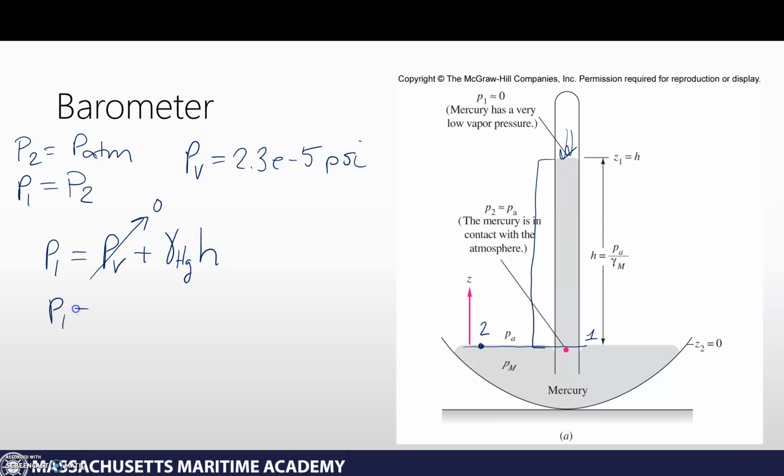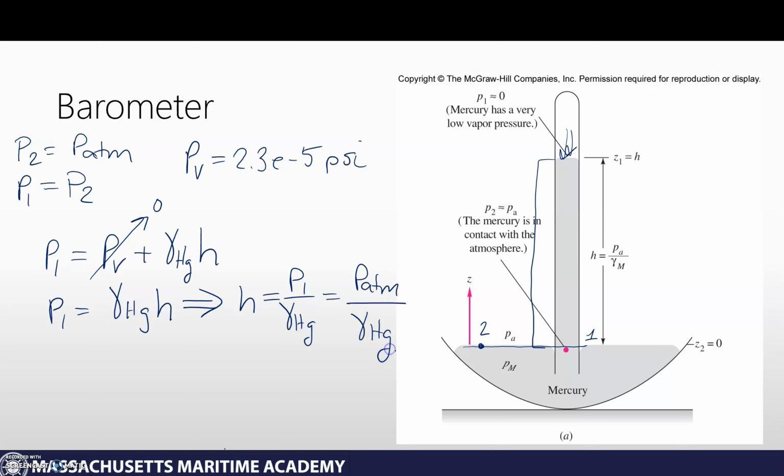So the pressure at 1 is basically gamma Hg times H. We will rearrange this in terms of H, because that's what's really easy for us to measure. So H is going to be the pressure at point 1 divided by the specific weight of mercury, which is also the pressure of atmosphere divided by the specific weight of mercury.